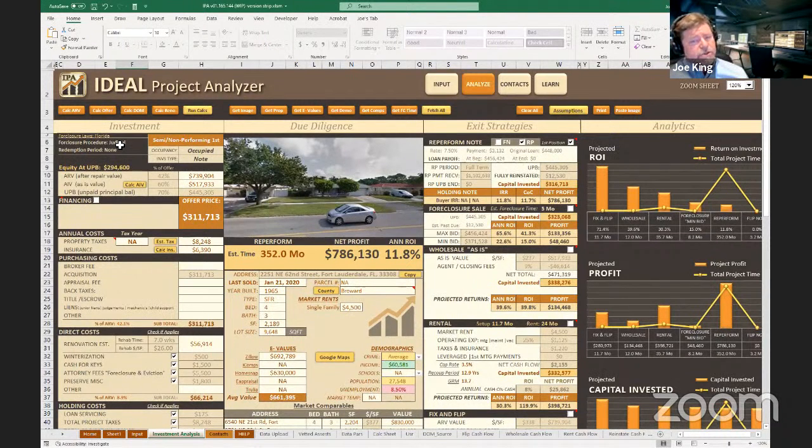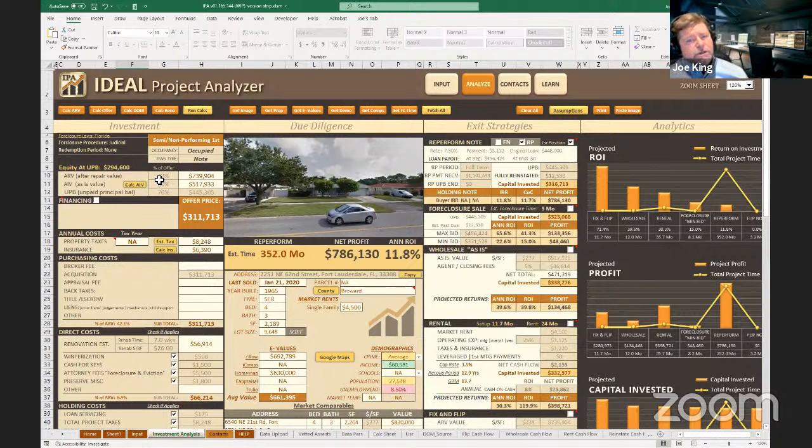So because it's judicial, it's going to take a little bit more time to get through the foreclosure process. Also, I'm looking at the redemption period. A lot of states have redemption periods where they'll give the borrower a specific set of time after foreclosure to pay it off. If they can't, then the property goes to the lien holder.